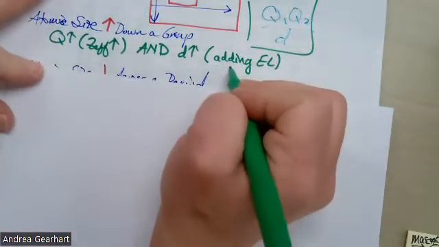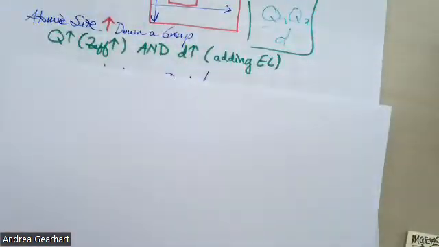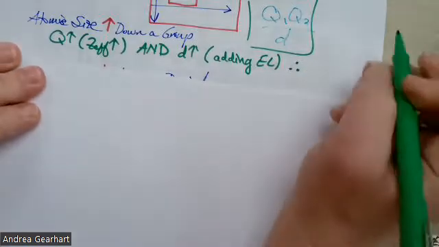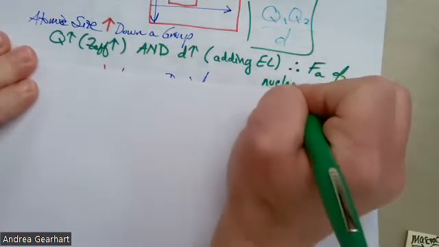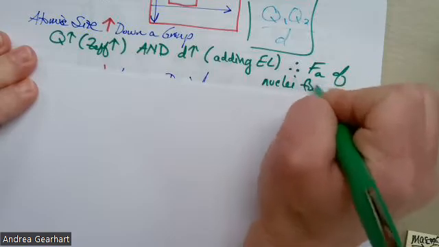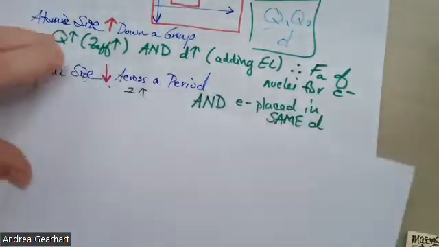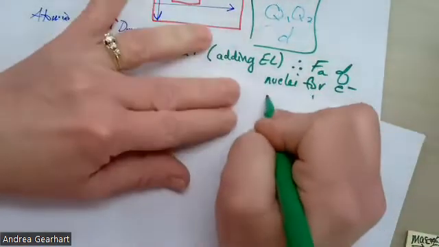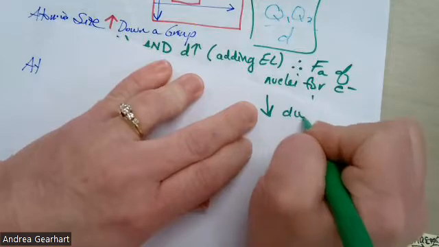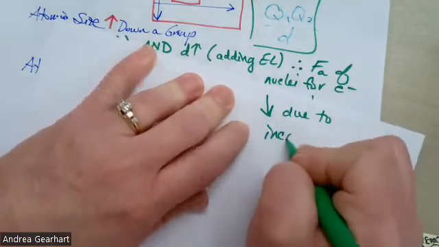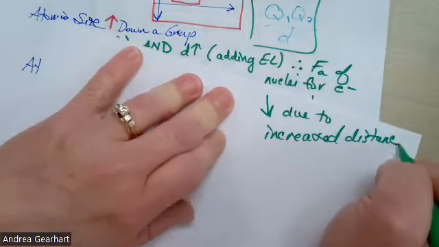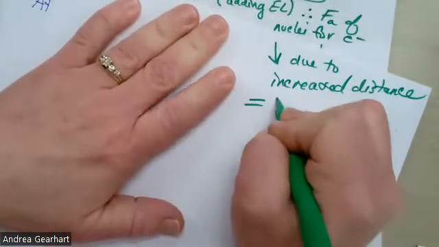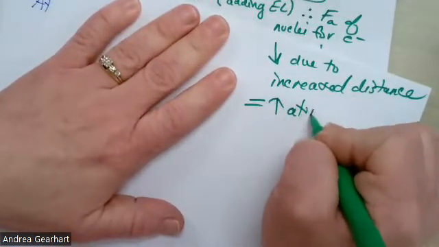Okay, so adding electrons further away, therefore, the force of attraction of nuclei for electrons is decreased due to increased distance, which equals larger atomic size.